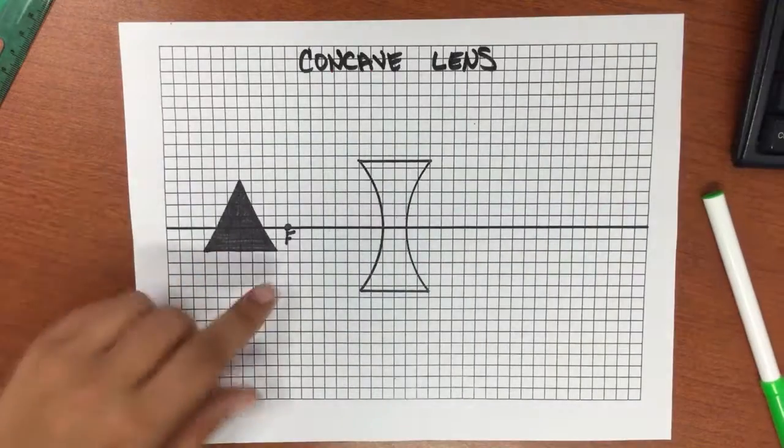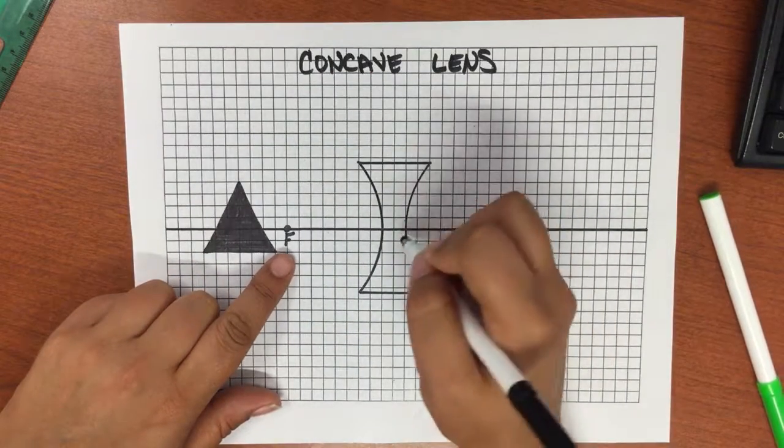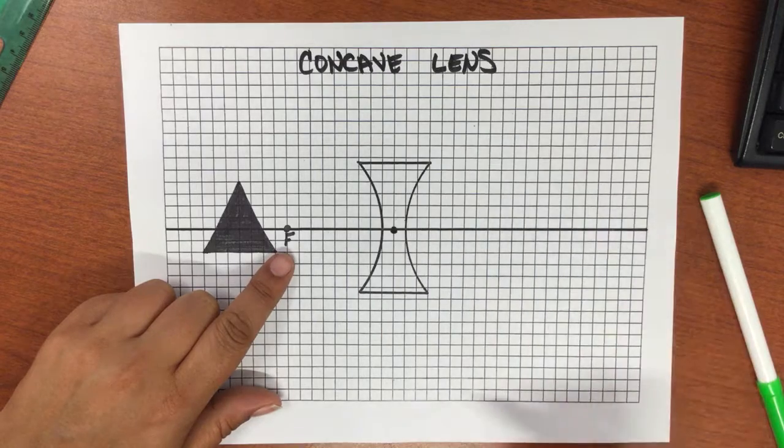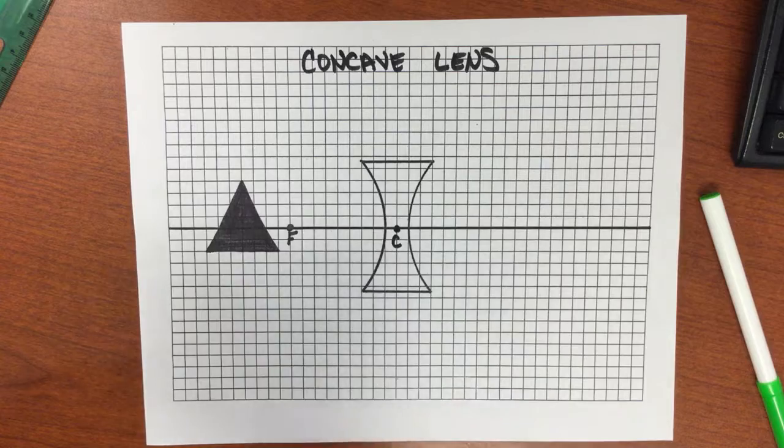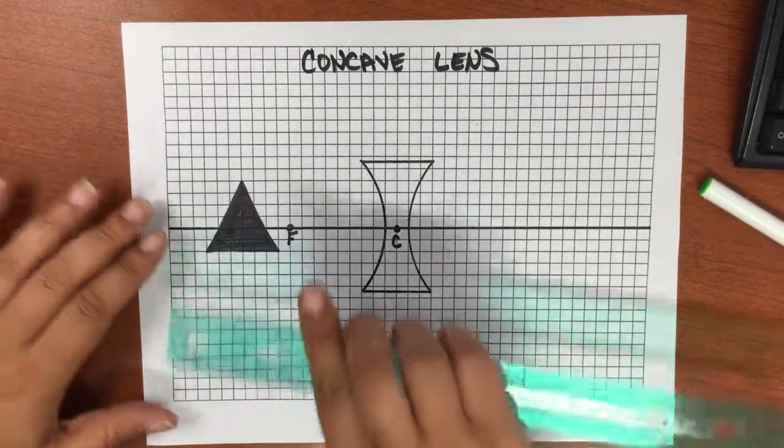the focal, I give you the focal and the center is just the center of your lens. Okay? However, our light rays are still going to act 100% the same.